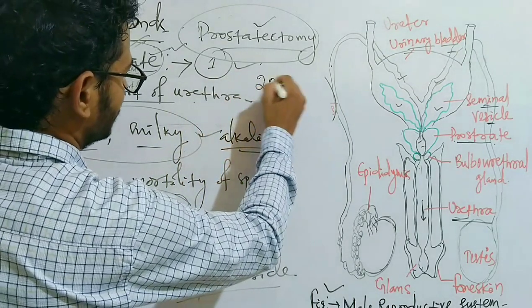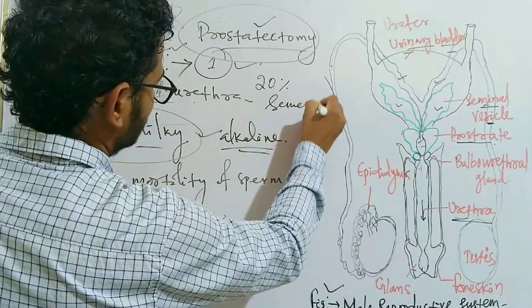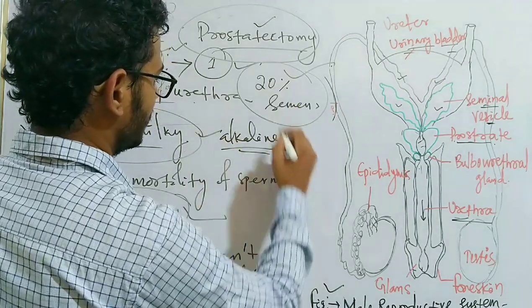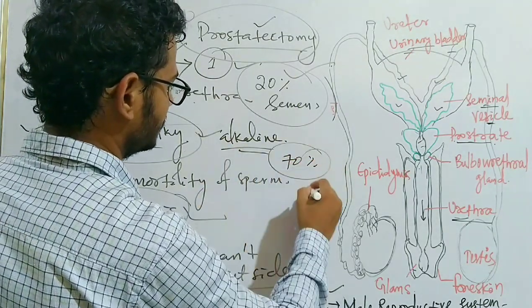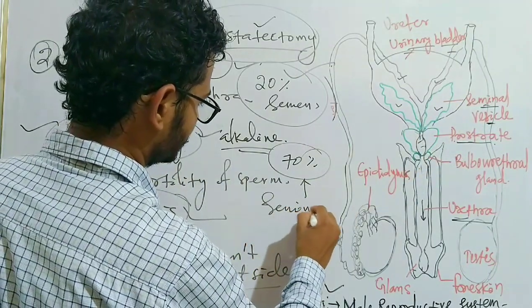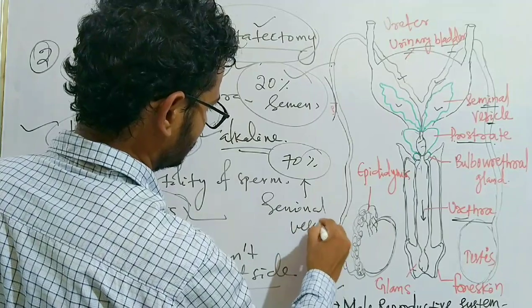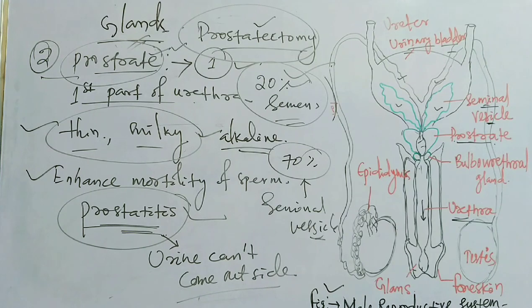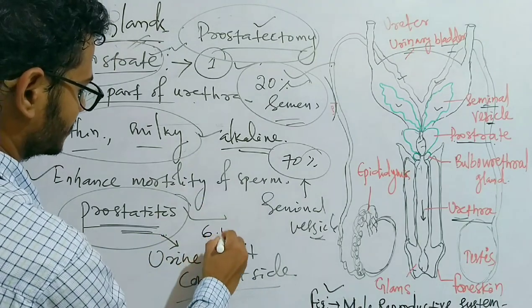It contributes 20% to the semen content. We have discussed 70% contributed by the seminal vesicles. Now another 20% of the semen is contributed by the prostate gland, and it secretes slightly acidic fluid, and the pH is around 6.5.